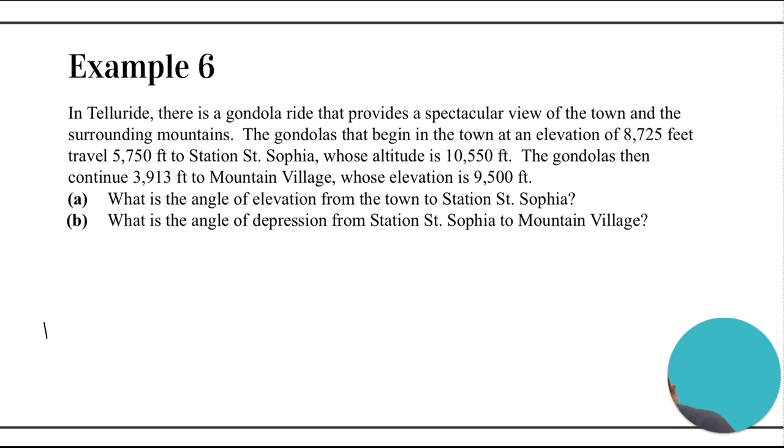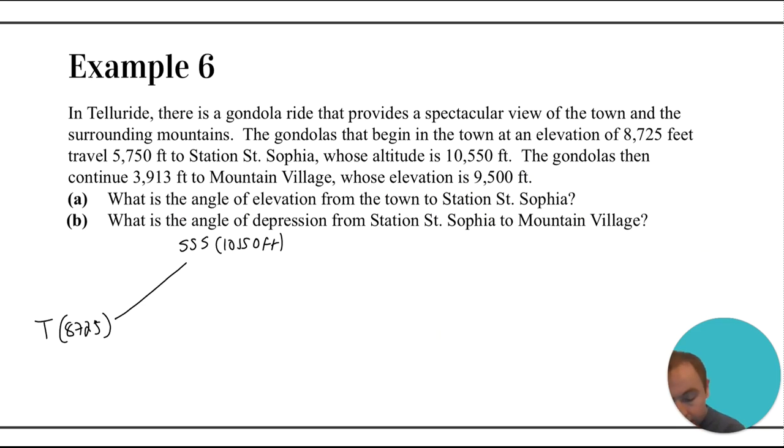So what's happening is from Telluride, there's a gondola that begins at an elevation of 8725 feet. So that's the elevation of Telluride. And then it travels 5,750 feet to Station St. Sophia. So we're going upwards, because the altitude at, I'll just say SSS, is 10,550 feet.